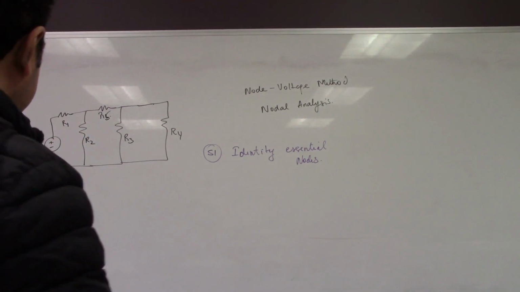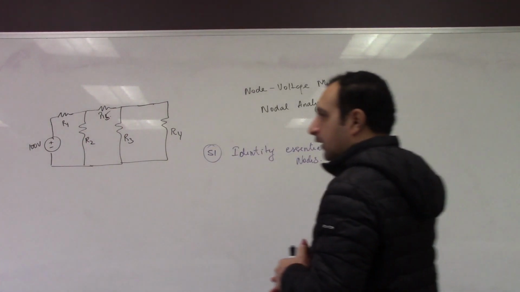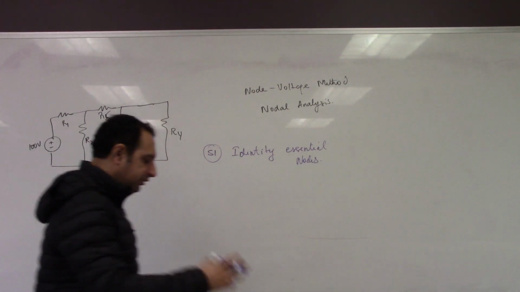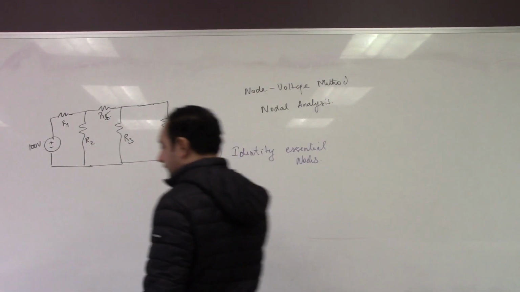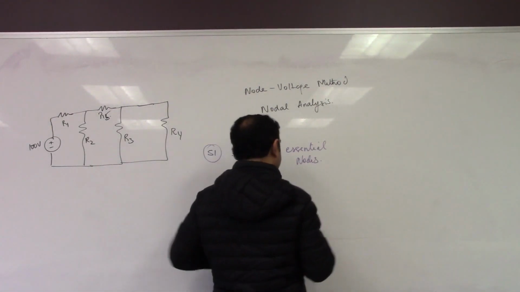Let's go back to the definition of a node. A node is where at least two or more elements meet, right? The minimum is two. For two elements to connect, that qualifies as a node. An essential node is nothing but where three or more elements meet.